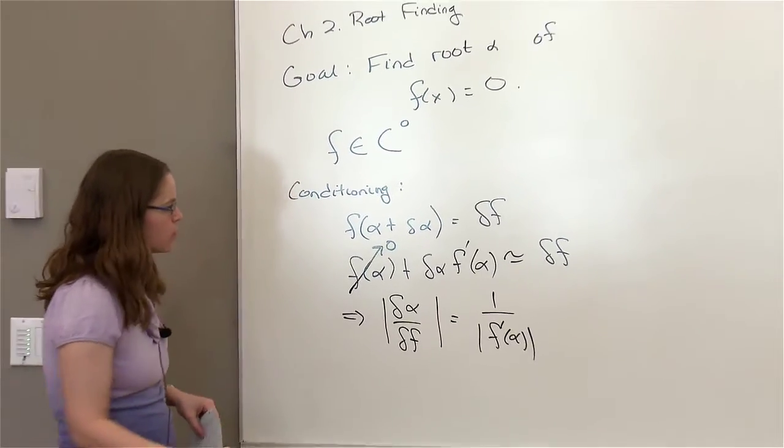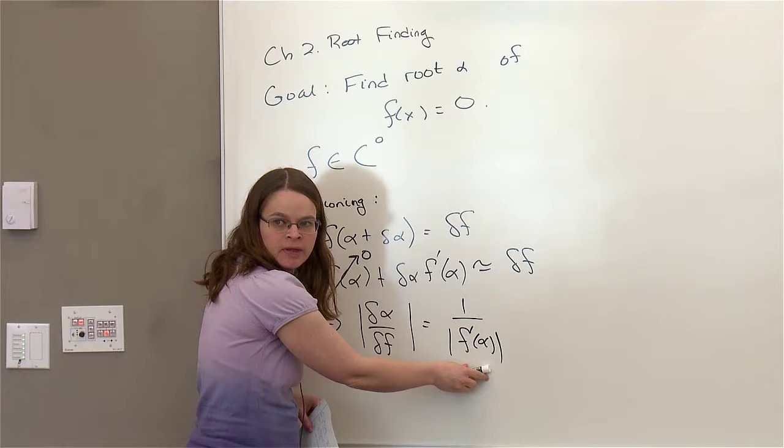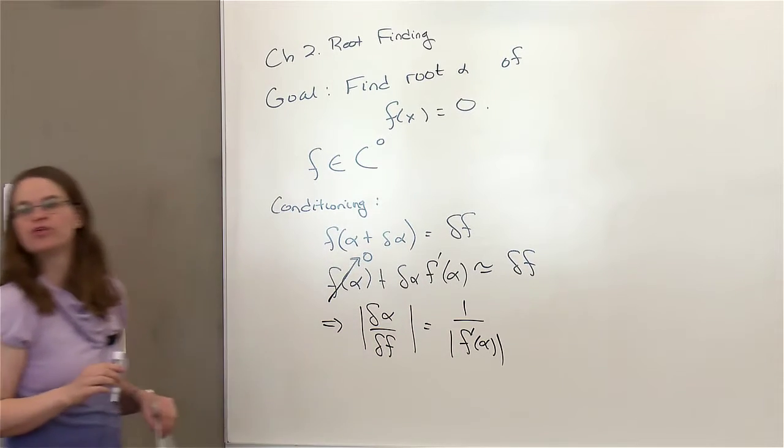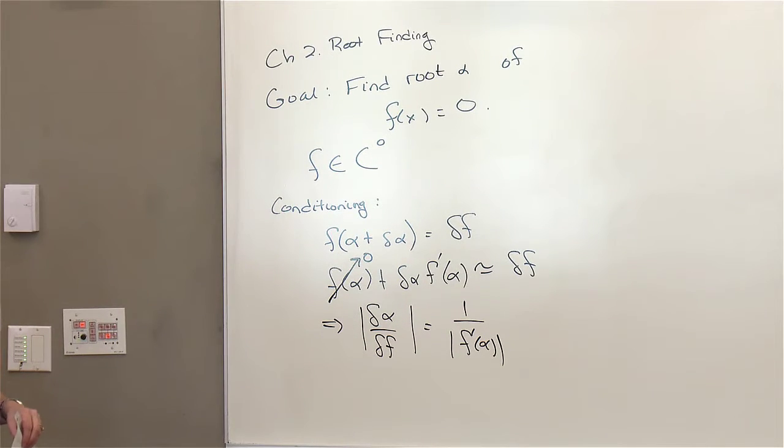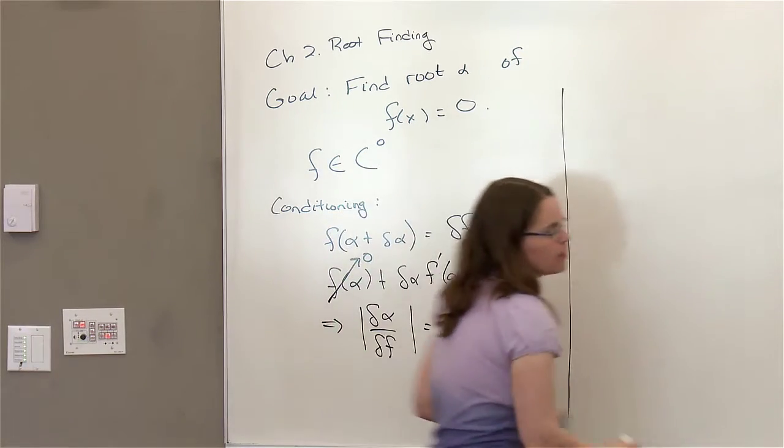So what does that say? If the derivative vanishes, then we might have a problem. As long as the derivative is bounded away from 0, we've got a well-conditioned problem. That probably makes sense.